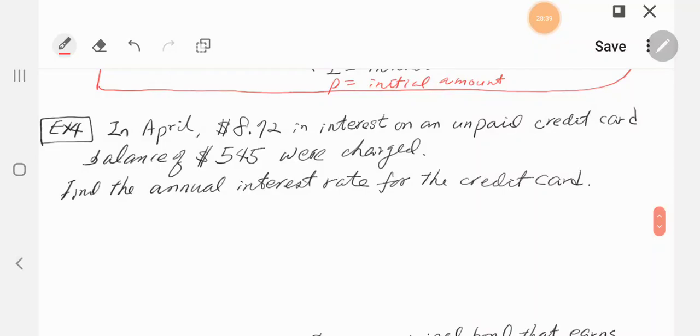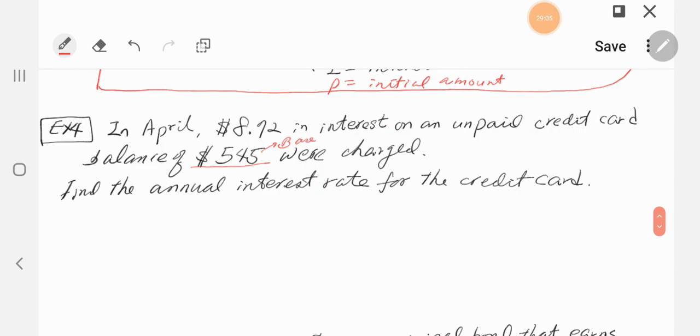Okay, example 4. In April, $8.72 in interest on an unpaid credit card balance of $545 was charged. So you didn't pay your credit card balance, $545. So this is the base amount.